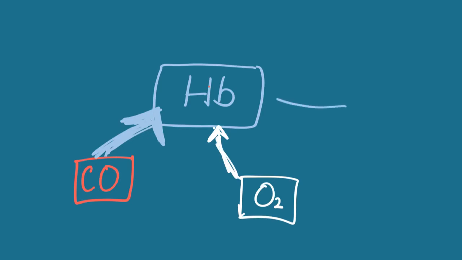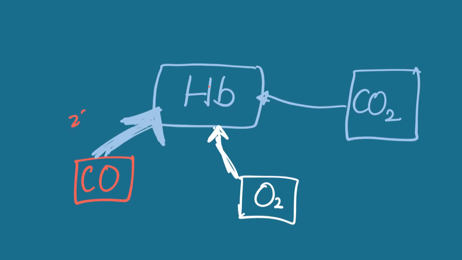Hemoglobin normally binds to carbon dioxide, but it has the highest affinity for carbon monoxide. Carbon monoxide binds 200 times more tightly to hemoglobin than oxygen.